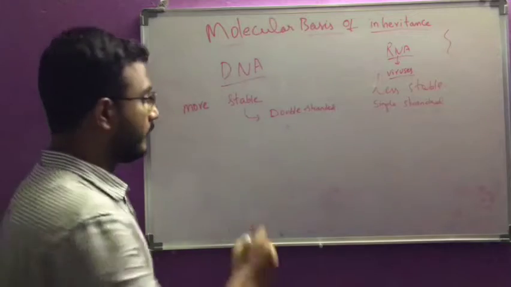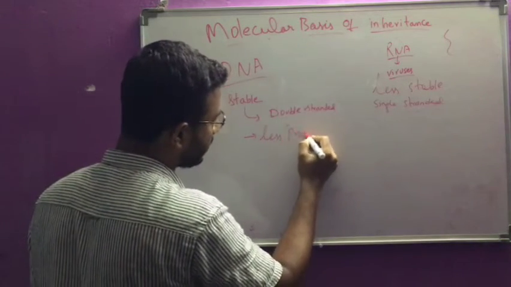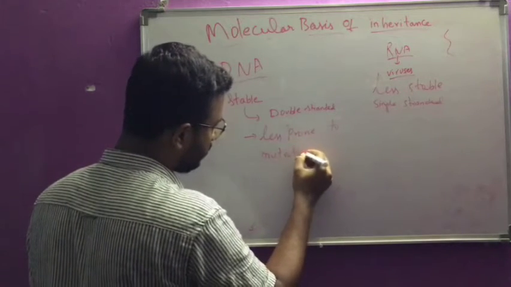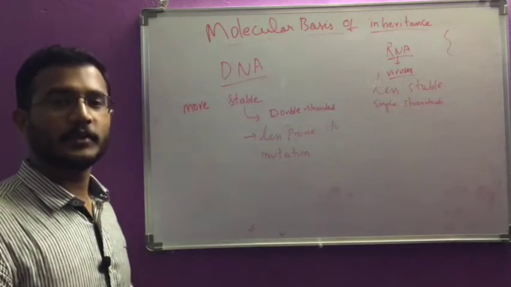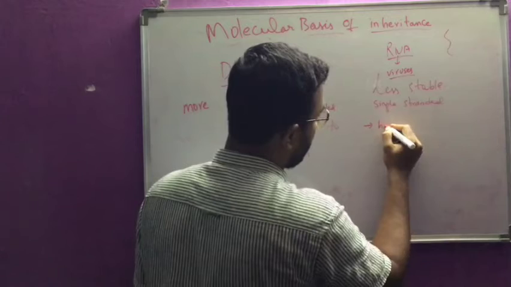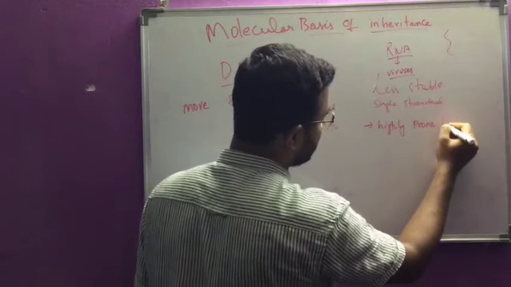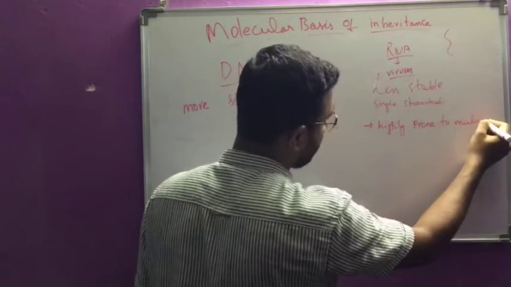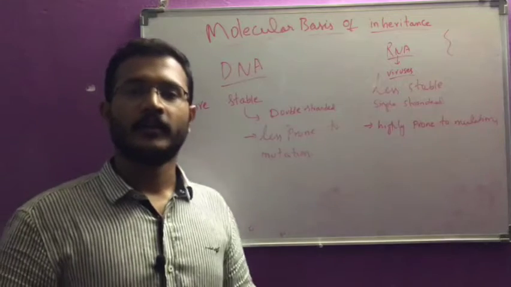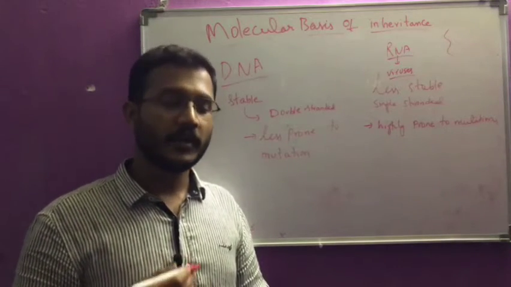And DNA is less prone to mutation. That means a very small percentage of mutations happen in the case of DNA, but RNA is highly prone to mutations. For example, if you observe a human being, our genetic material would otherwise be continuously undergoing mutations.